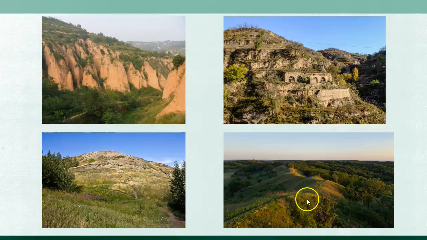This is a picture down here on the lower right-hand side of the Loess Hills in Kansas. And then I believe this picture on the lower left is of Bodenberg Butte, which itself is covered with large amounts of glacial loess.